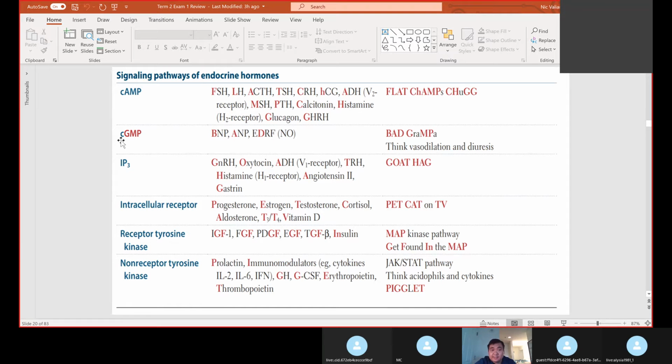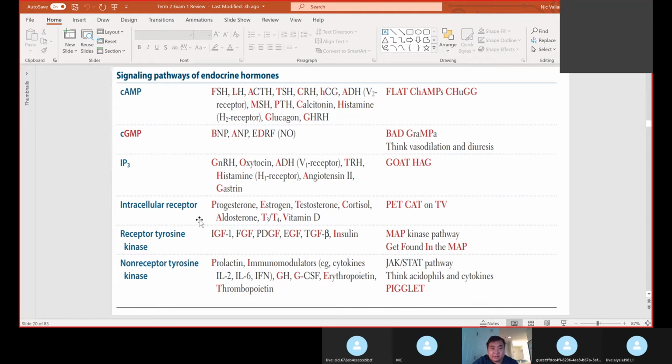You know all of those. Cyclic GMP, you have BNP, ANP, and EDRF. BNP and ANP oppose the action of your aldosterone, your brain natriuretic peptide and atrial natriuretic peptide.